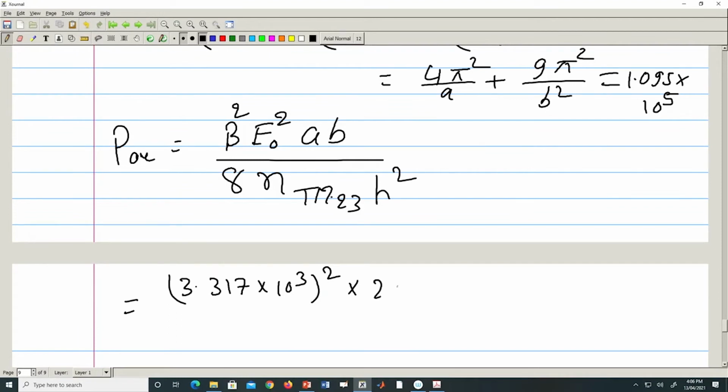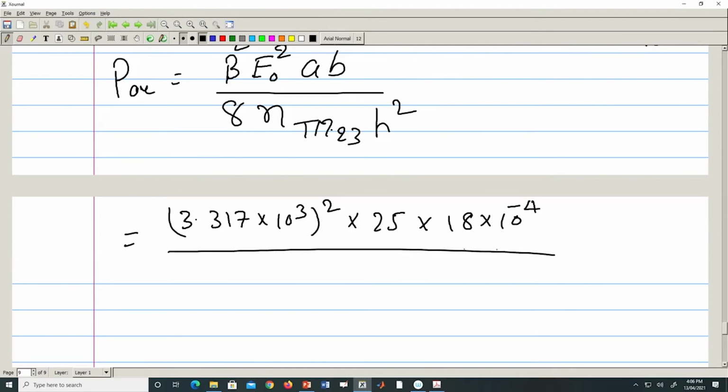into 5 square, that is 25, into a into b, that is 6 into 3 = 18 centimeter minus 4, it is in the meter, divided by 8 into 375.1, that we computed in the first part, eta TM 2-3 mode, into h square that we calculated, 1.097 into 10 to the power 5.